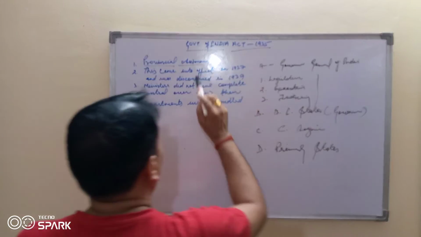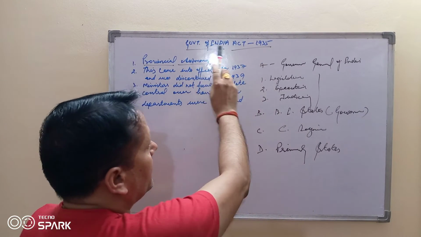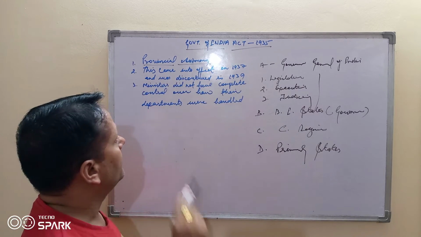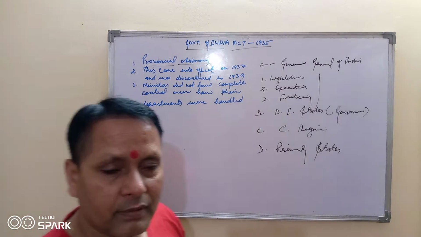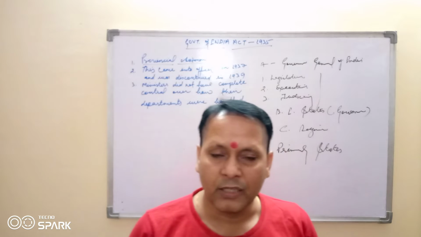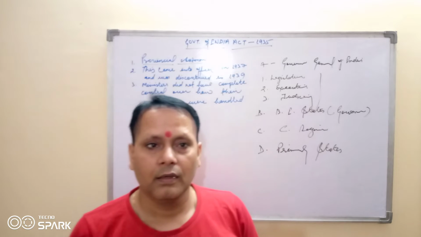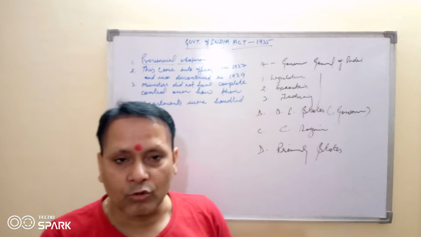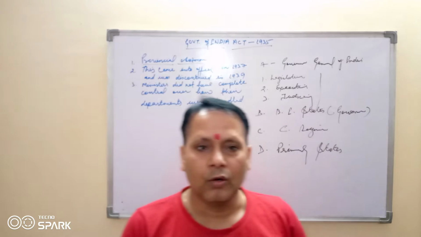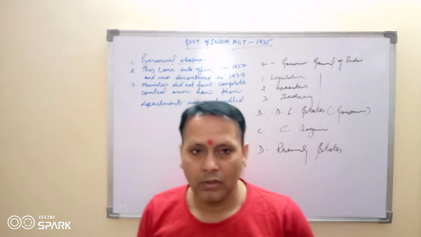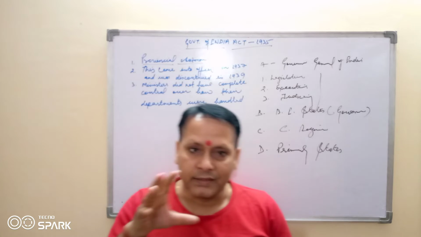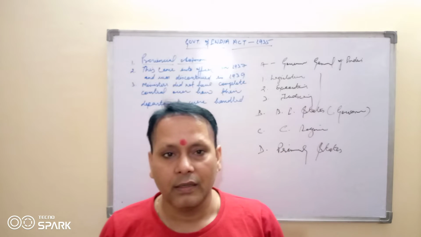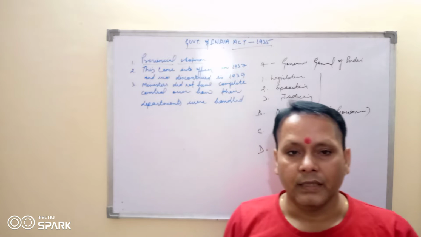But in the Government of India Act 1935, under provincial autonomy, the respective states at that time had some autonomous power: how they can make a rule, how they can execute the rule, how they can instruct their policies.